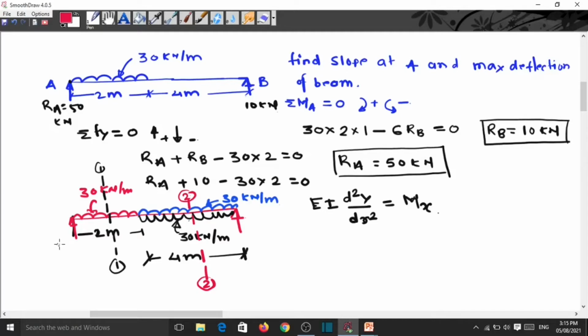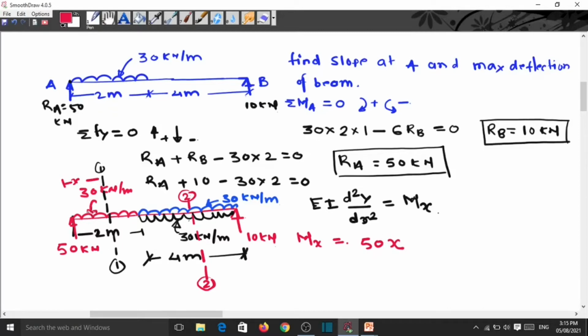Now this is 50 kilonewton and this is 10 kilonewton. So M_x, that is the bending moment. For this section, this is our x. So 50 into x creates the sagging bending moment.